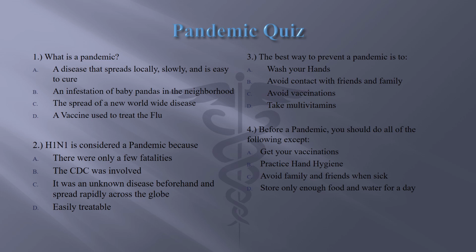Number 3, the best way to prevent a pandemic is to wash your hands, avoid contact with friends and family, avoid vaccinations, or take multivitamins. Last but not least, before a pandemic, you should do all of the following except get your vaccinations, practice hand hygiene, avoid family and friends when sick, store only enough food and water for a day.